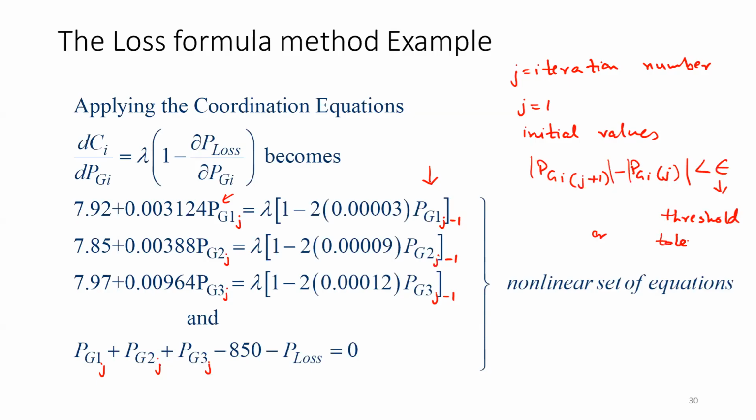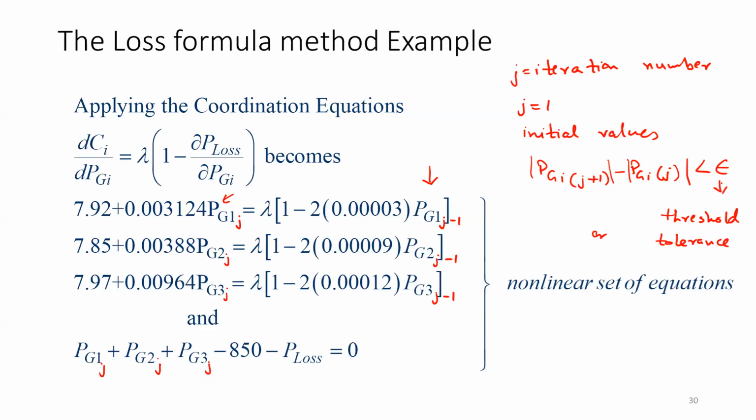Yes, it can be tolerance as well. So it depends on how much is your tolerance, how much error you will tolerate, or how much you want to consider. So that is known as your threshold. So if this difference becomes less than your epsilon, then you stop your iteration. Otherwise, you keep on going.